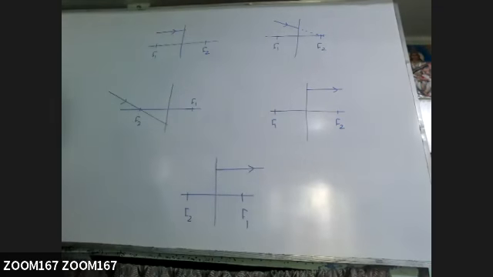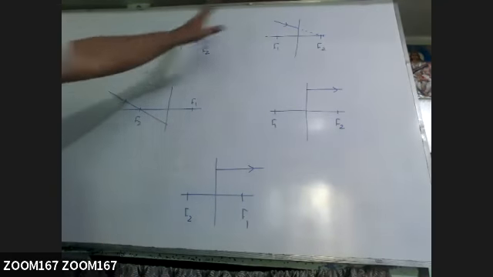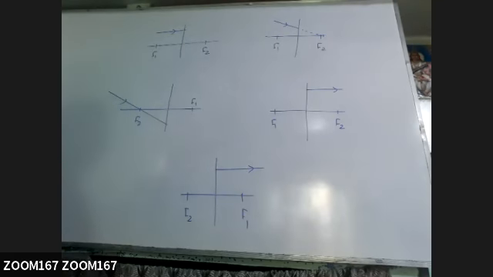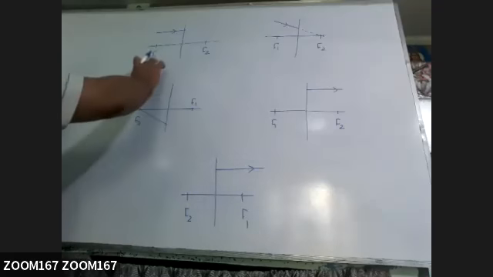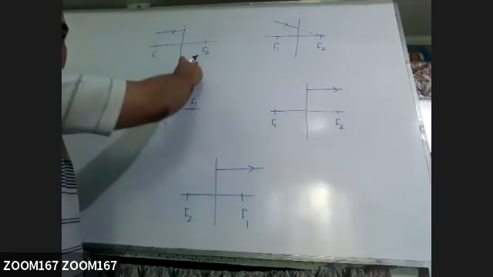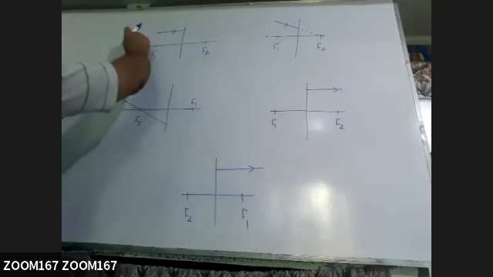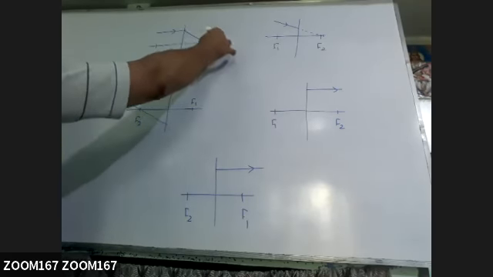Okay. So these two refracted rays are given, and you are supposed to draw the incident ray. Here these three incident rays are given, and you have to draw the refracted ray. What is the first one? The first one is the case of convex. In convex, when the ray is incident parallel to the principal axis, it will pass through F2.